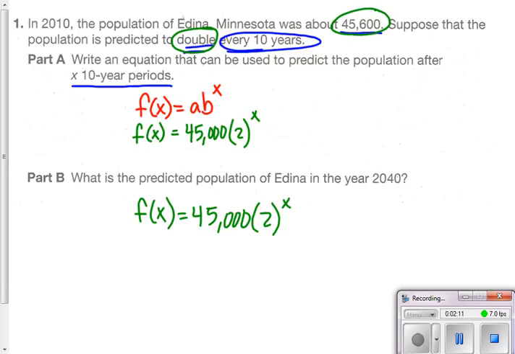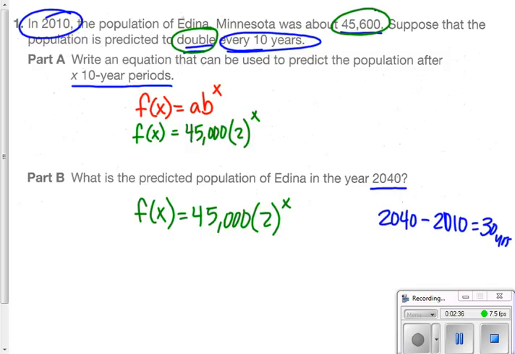Part B, it says that you actually have to use your predictor equation to figure out what the population would be in Edina in 2040. Well, remember, 2010 is when we started. So 2040 and 2010, our difference is 30 years.